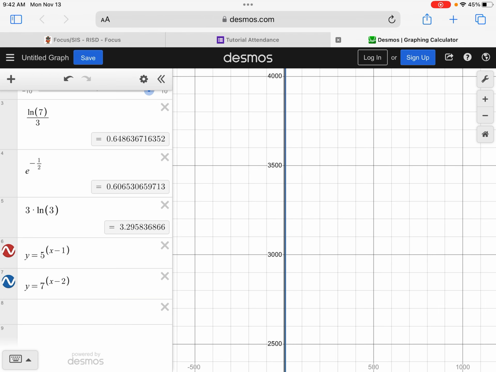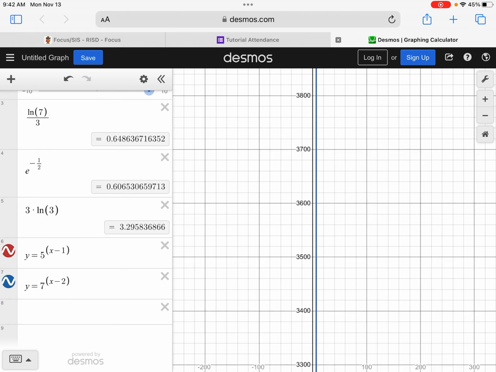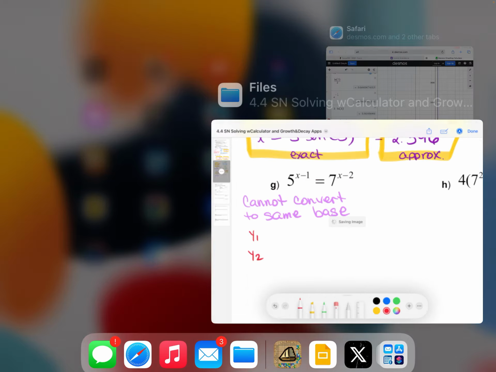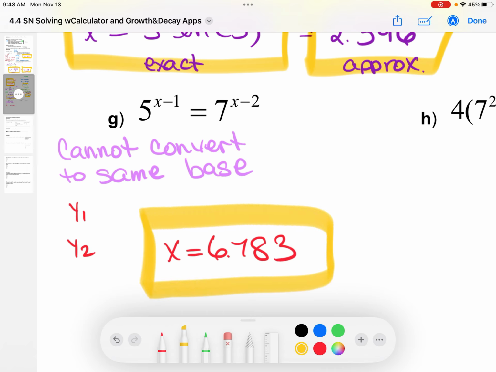All right, I missed this somewhere, but that solution is 6.783. Using the calculator there to solve that.